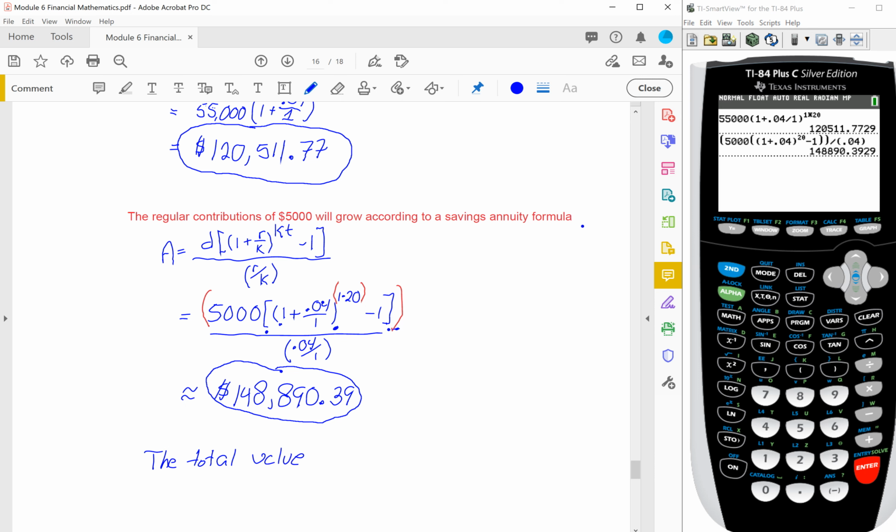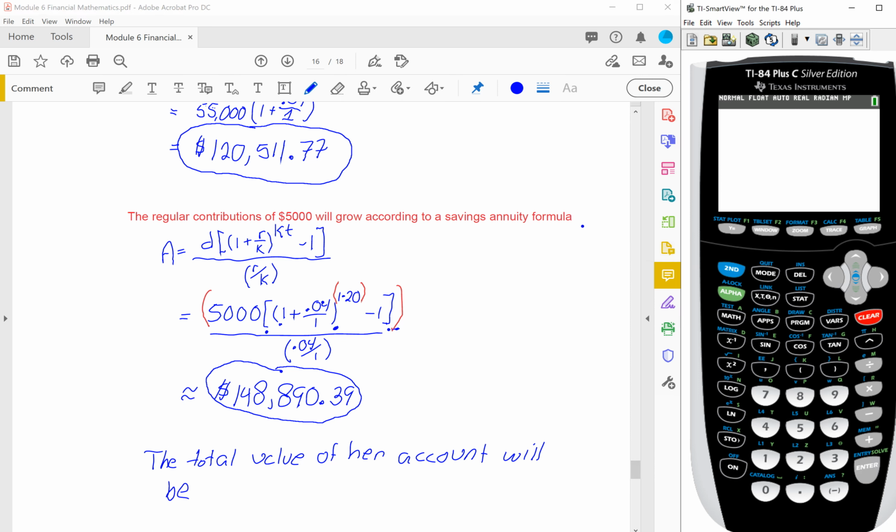So now we can say the total value of her account is going to be the sum of these values. So let's add these up.